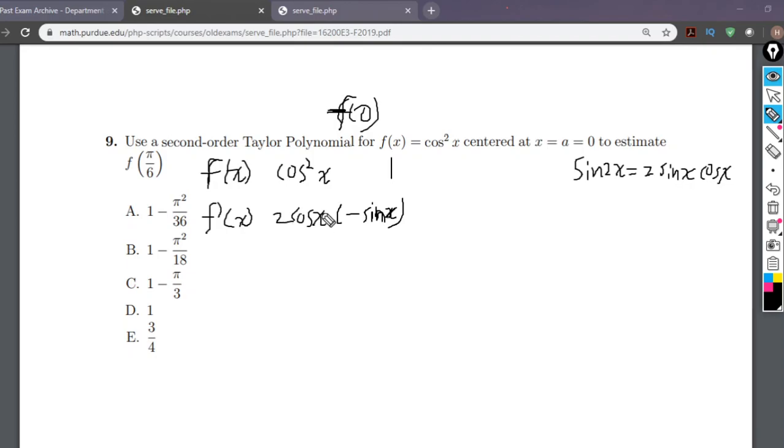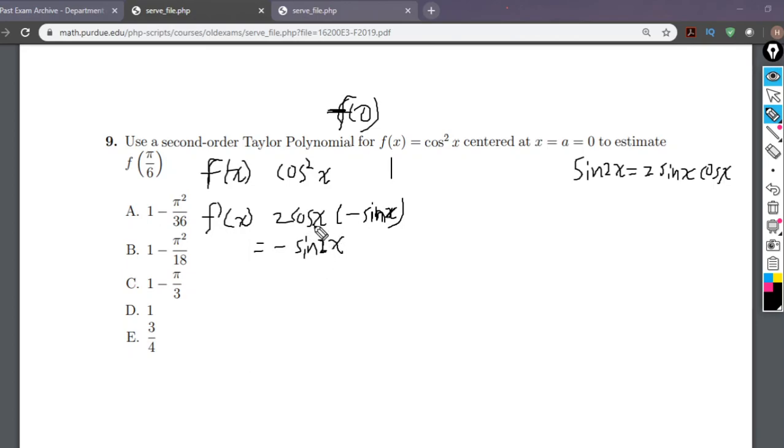So here we can see there's cosine x, there's sine x, there's just a negative here, but we can bring it out in front, and we can say that this actually equals negative sine 2x, right? So we plug 0 in here, either one is fine.